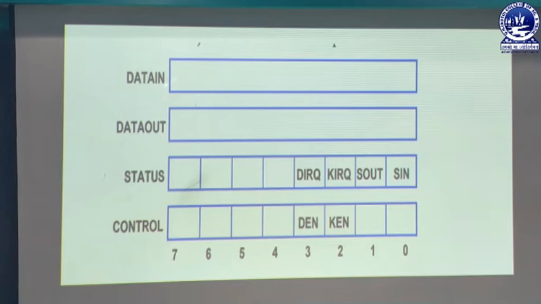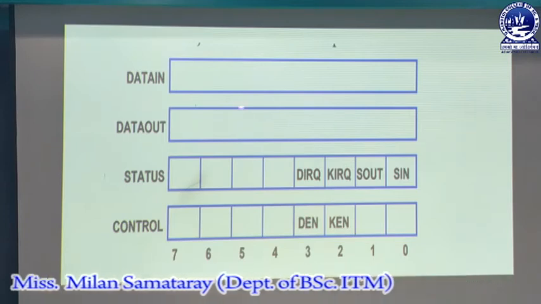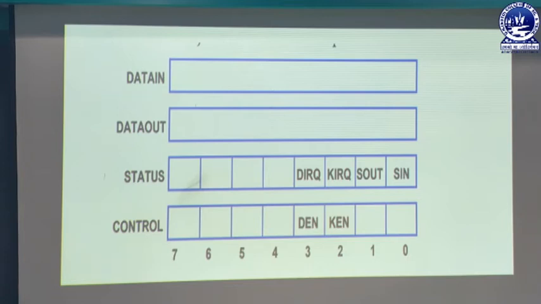Here the data in register, whatever data is inputted by the input device, is stored in this place, and the data which has to be displayed by the display unit has to be stored in this data out register. In the status register, these are the bits, one is S out, another one is S in.